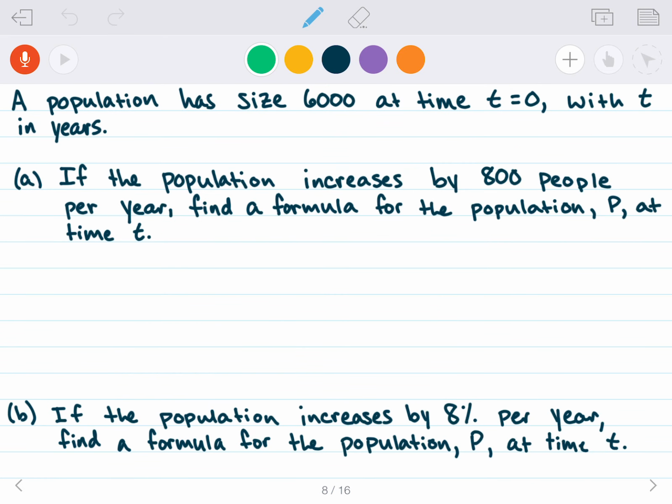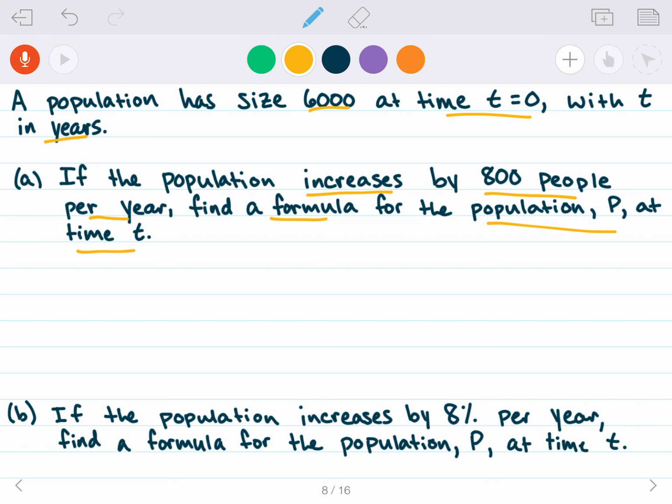Alright, so a population has size 6,000 at time t equals 0, with t in years. If the population increases by 800 people per year, find a formula for the population at time t. Alright, so you want to ask yourself, is this linear or is this exponential? And how did we know?